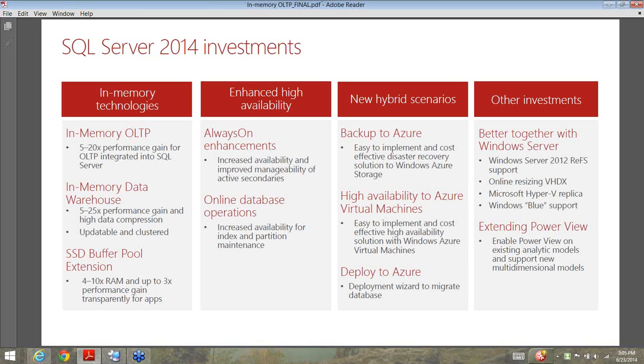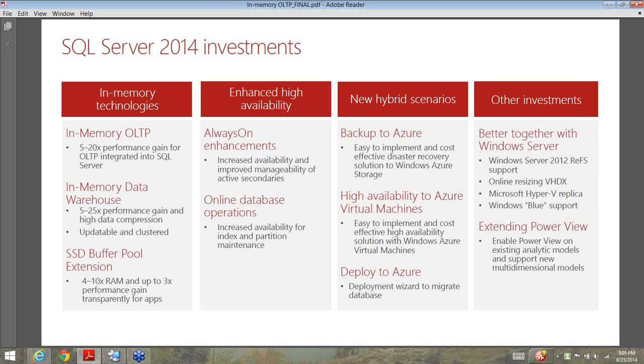But there is also an extension to the buffer pool, so you can have your buffer pool extended now on the SSDs, right? Just in case you want to enhance further performance of your SQL Server by extending the buffer pool, right? So that's one area.